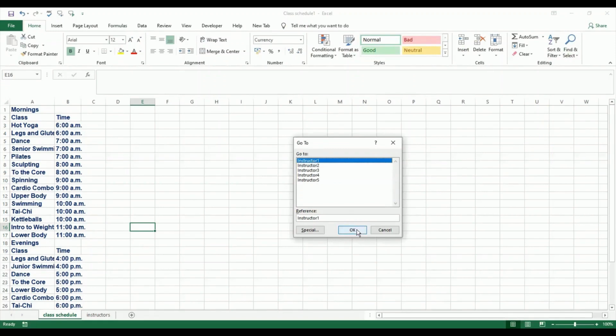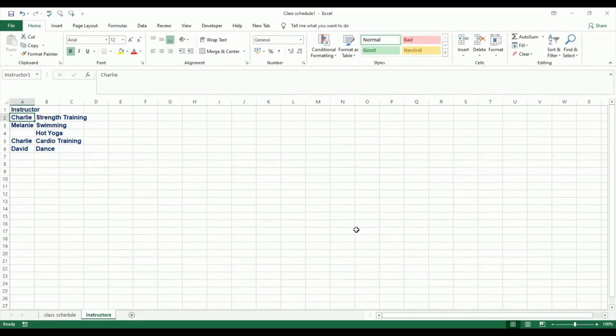And I click OK. Watch. The sheet shows me Charlie. So I'll say, today's strength training is being done by Charlie. No embarrassment, total professionalism, and a perfect way to handle a situation, because I had named instructor 1.